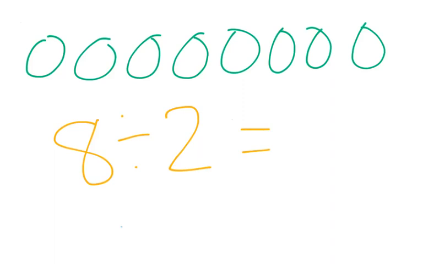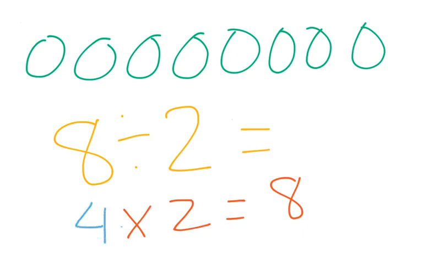If you don't know this answer, you just work backwards. What times 2 equals 8? We've done this a million times in class, so I hope that you remember this. I know that from what we've learned, 4 times 2 equals 8. So that means that 8 divided by 2 equals 4.